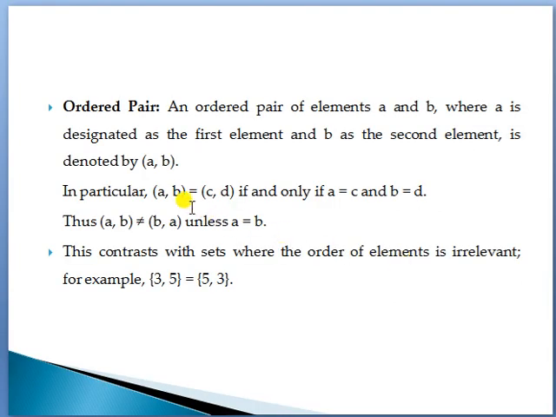So today we will start the ordered pair. An ordered pair of elements small a and small b, where small a is designated as the first element and b as the second element, is denoted by (a, b) in small brackets. That is called the ordered pair. In particular, the ordered pair (a, b) equals the ordered pair (c, d) if and only if the first element a equals c and the second element b equals d. Hence it concludes that the ordered pair (a, b) is not equal to the ordered pair (b, a).